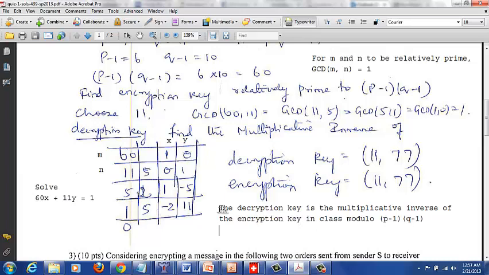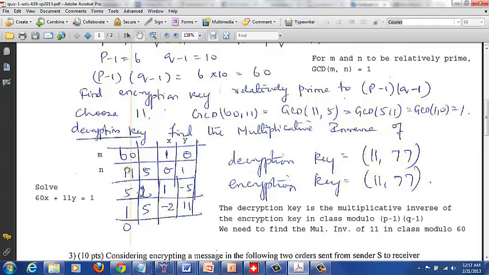So which means we need to find the multiplicative inverse of the encryption key, which is 11, in class modulo 60. So that's what we are doing here. Solve 60x plus 11y equals 1. So you want to find the multiplicative inverse of 11 in the class modulo 60. So we are actually interested in the value of y.